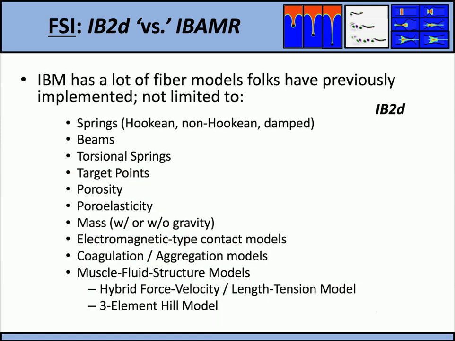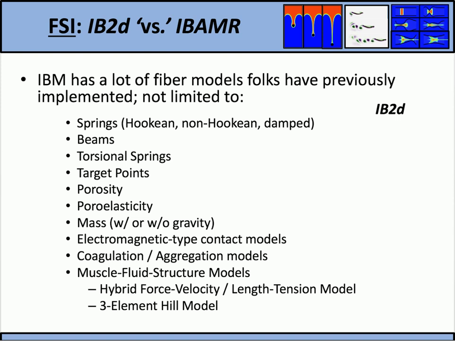Now, as I alluded to before, one of the things that makes the immersed boundary method rather elegant and rather powerful is this ability to create all these different fiber models, which describe the deformations of our structure undergoing different types of forces coming from the fluid. In particular, the immersed boundary literature has a lot of these different types of models.